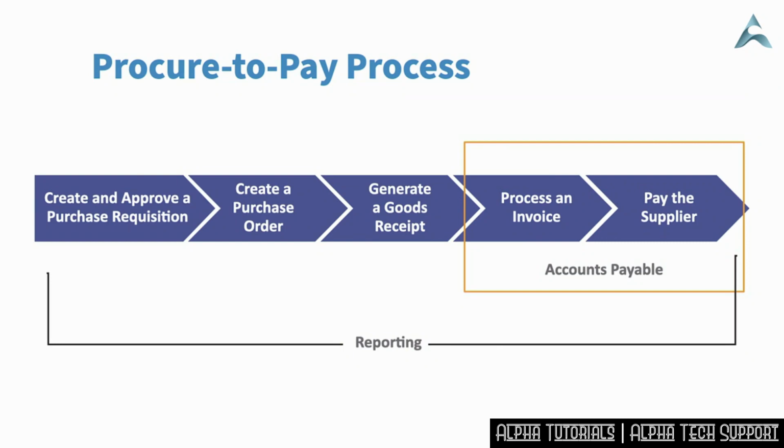Throughout this entire process, we can run reports. For example, we can run specific reports by individual supplier or by invoice due dates. All postings that are made in Accounts Payable are also updated in the General Ledger in real time. So reports can be run to keep track of all items, whether they are open or closed.